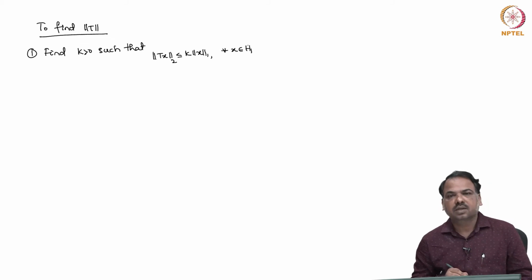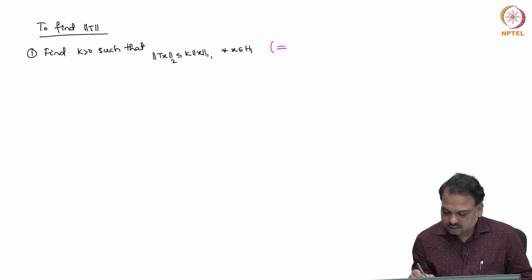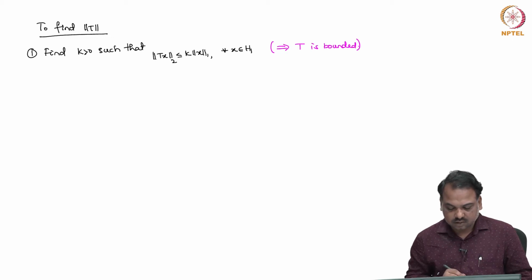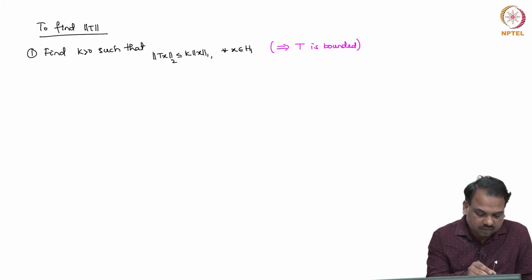This only guarantees that T is bounded, and we have to find the optimal K satisfying this inequality, and then only we can find the norm.